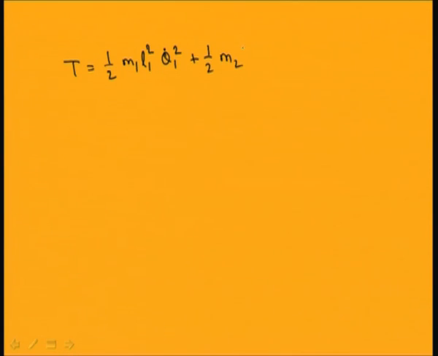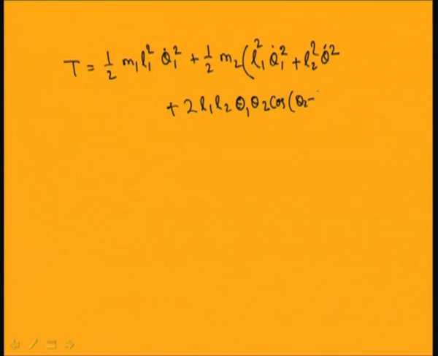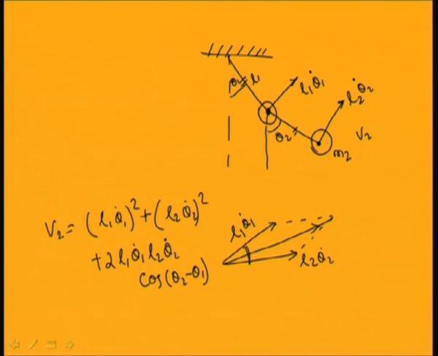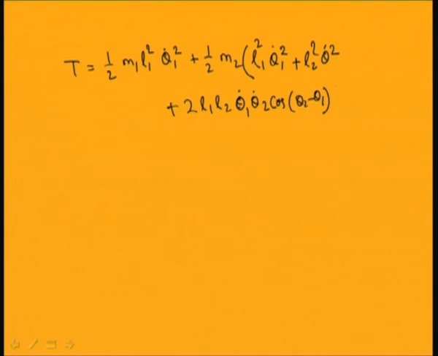So v2 dot v2, that is the velocity square of mass m2, is L1 square theta 1 dot square plus L2 square theta 2 dot square plus 2 L1 L2 theta 1 dot theta 2 dot cos(theta 2 minus theta 1). So this is the expression for the kinetic energy of the system.